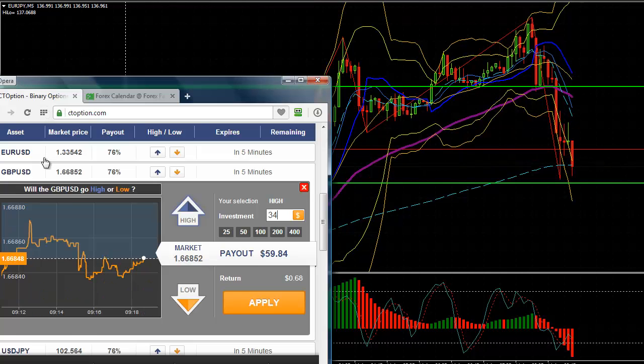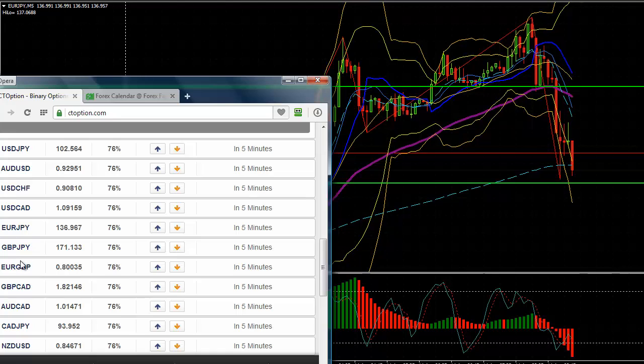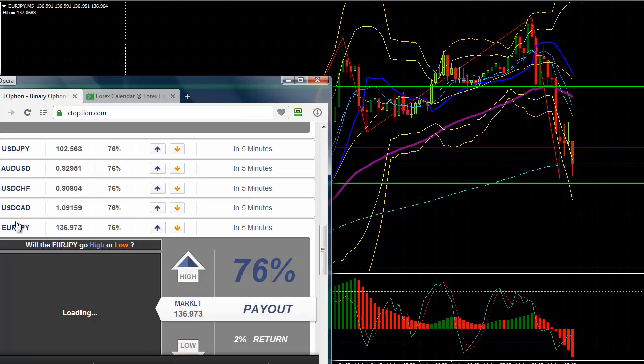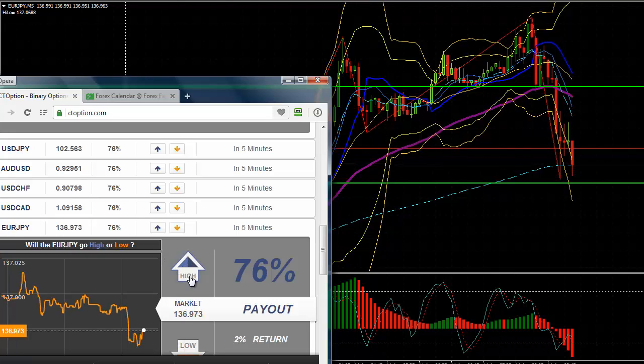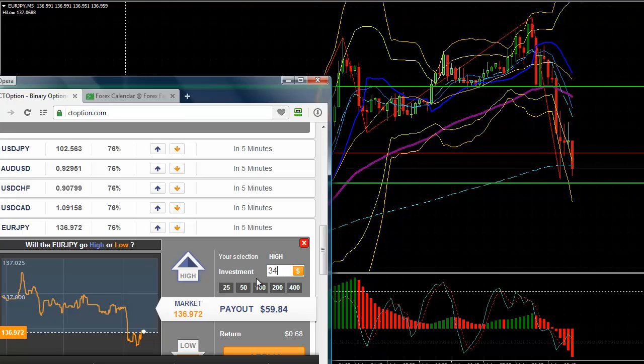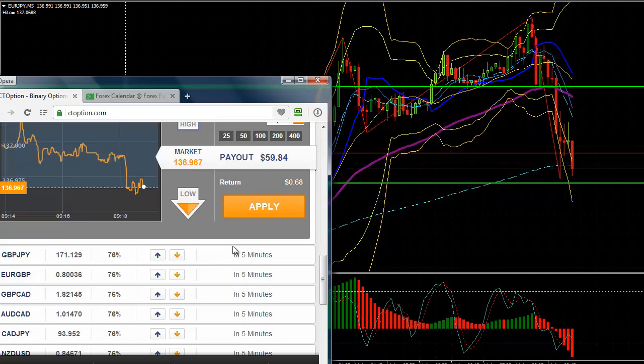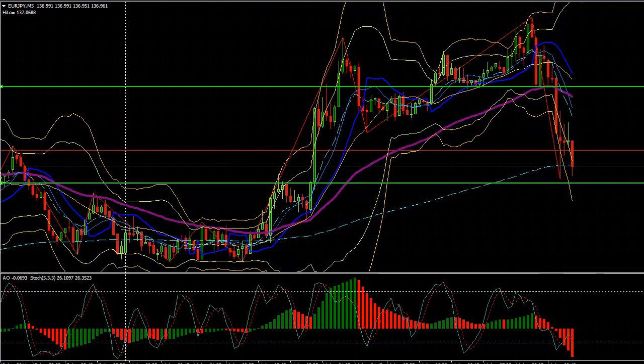Let's get this. What are we? EURJPY. We're going to go high. Money management system in there. It's already showed resistance there. Let's see if we can get a good entry.